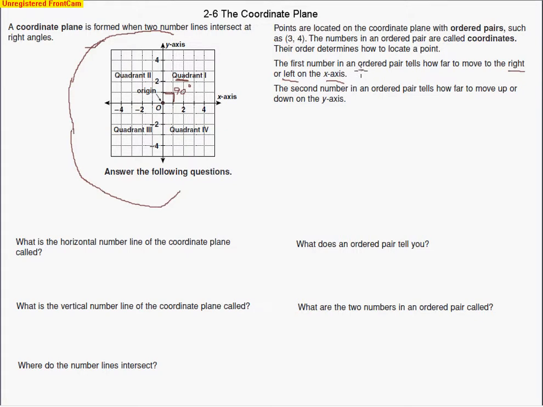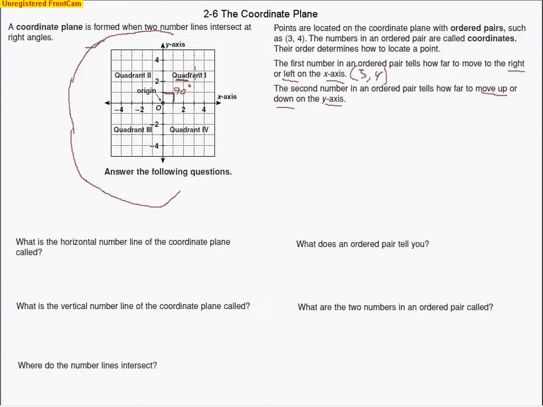But then the y component is the second component. The second component tells how far to move up or down on the y-axis. So 3, comma 4 would be over 3 and then up 4 spaces.